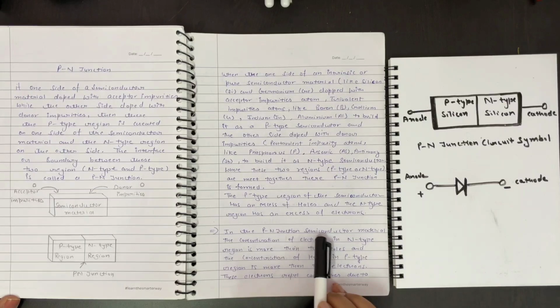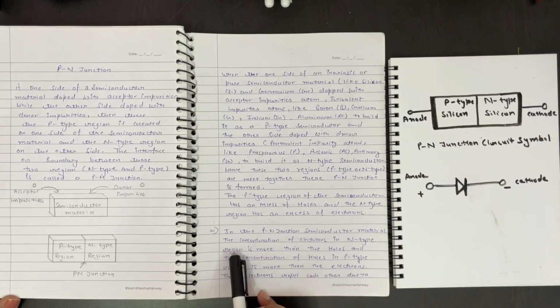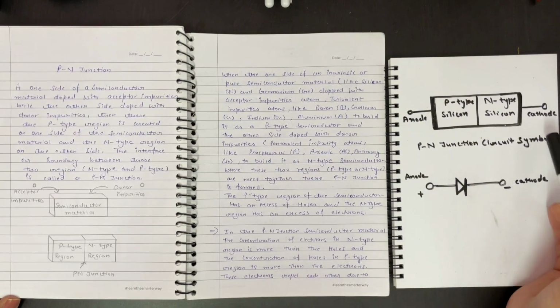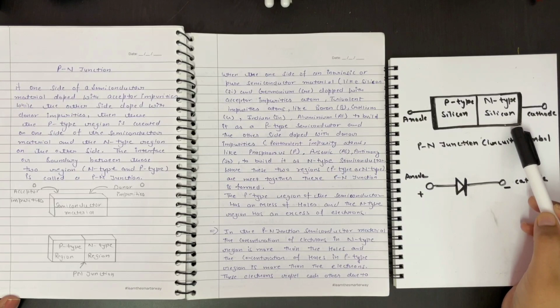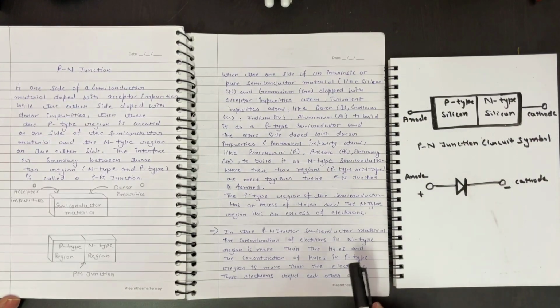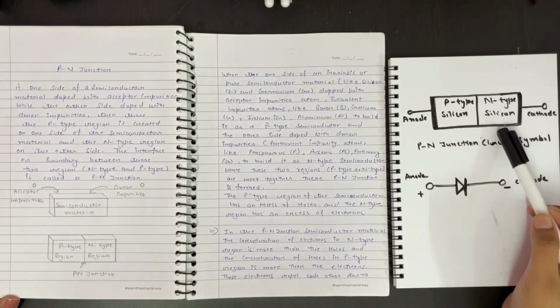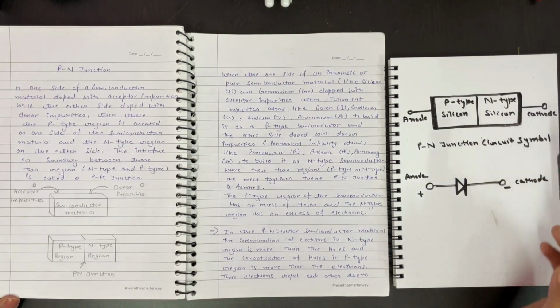So in the PN junction semiconductor material, the concentration of electrons in the n-type region is more than the holes, and the concentration of holes in the p-type region is more than the electrons. So in the p-type region the holes are majority carriers and the electrons are minority carriers, and in the n-type region electrons are majority carriers and holes are minority carriers.